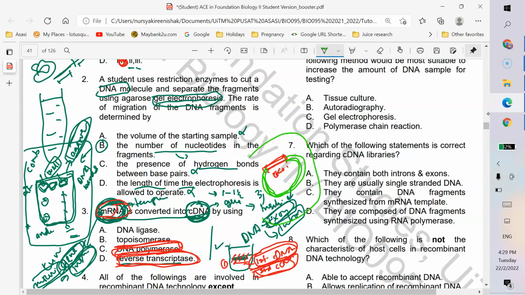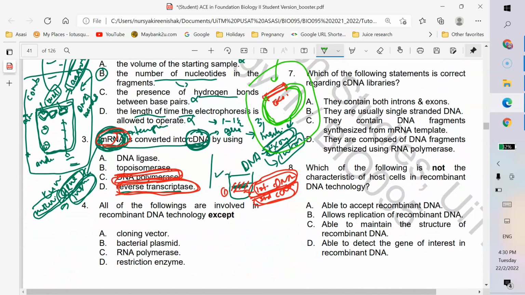Double-stranded, then only you can insert into a bacterial cell. So this bacterial cell is now capable of producing the insulin. Okay, so itu dia punya salah satu kegunaan dia lah, kan, untuk gene cloning, macam tu. Faham? Okay.